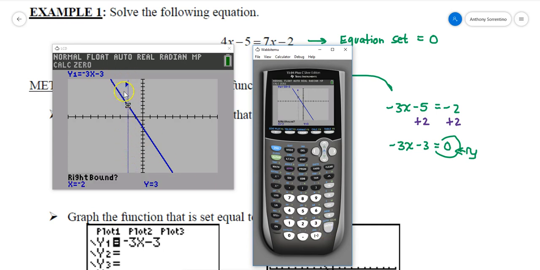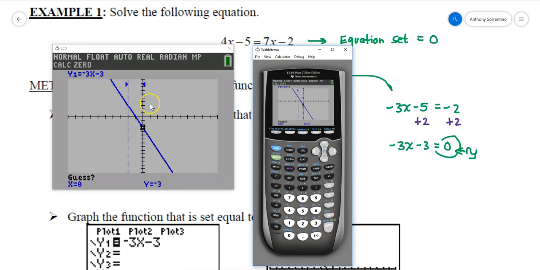I can see a little boundary here. Depending on the calculator, you may not see the boundary as well. You'll definitely see the arrow up here. Then I'm going to let the right bound, which means I want an x value that puts this blinking cursor that's following this graph on the right-hand side of this possible 0. So I'm going to let that just be 0.